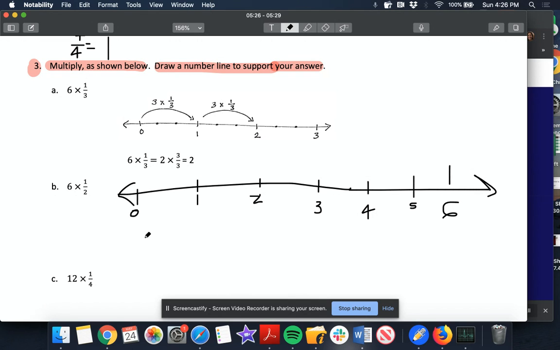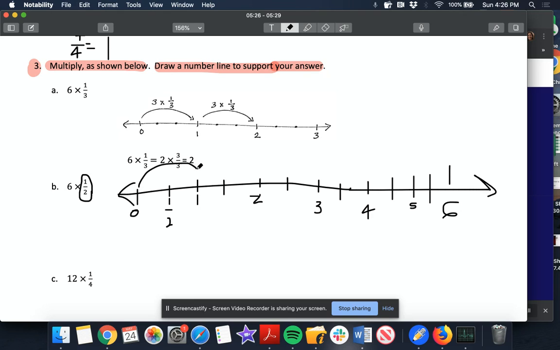Okay? And we're going to show that by jumping over. So the first thing I need to do is look at my fraction, look at my 1/2. And I'm going to plot those 1/2 marks that we already know how to do. And what I need to do is I need to hop.